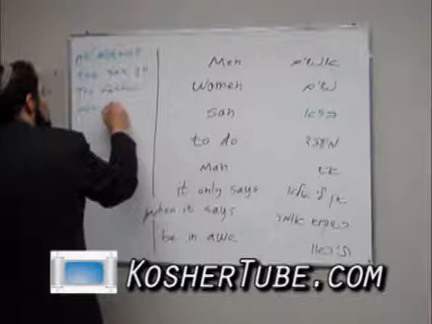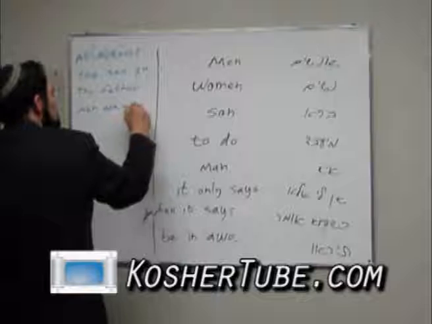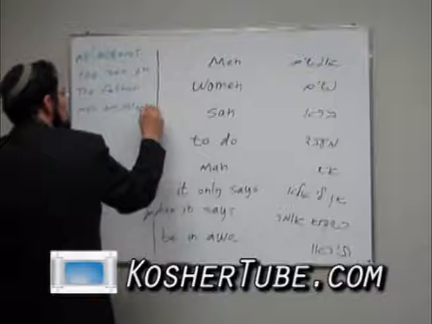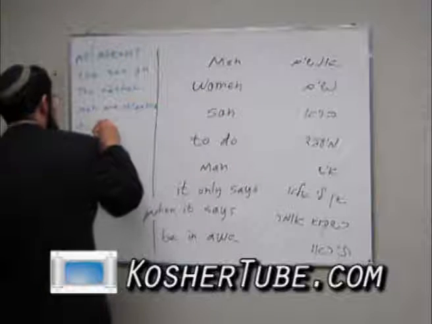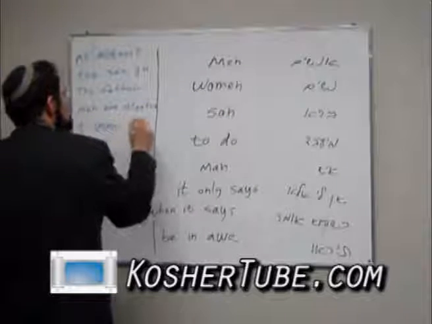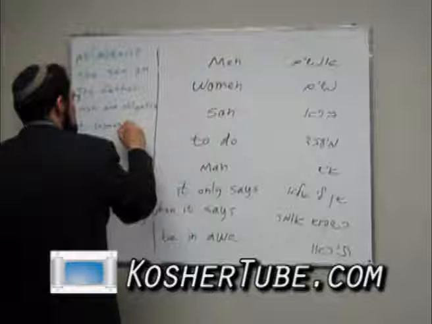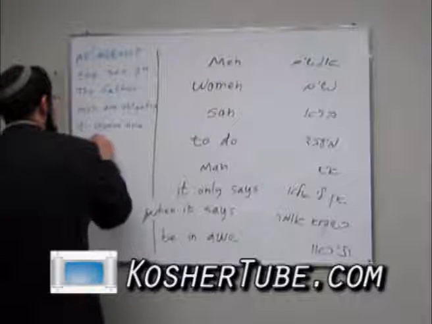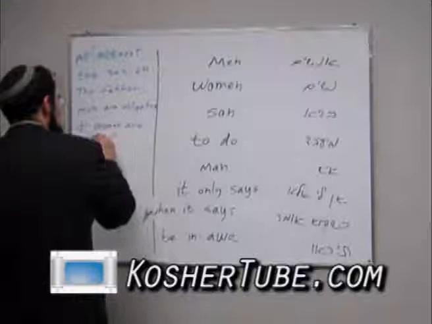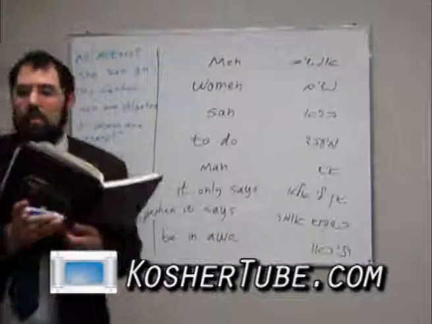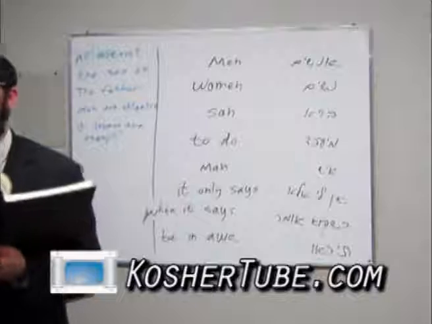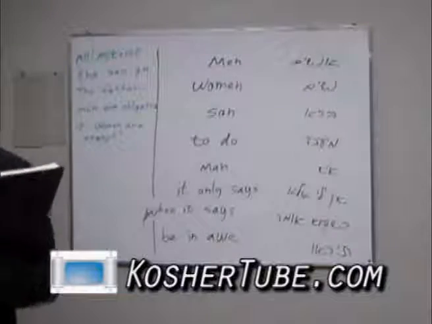Obligated. Men are obligated. And nashim? Women. P'turot. Are exempt. This is the first sentence of the Mishnah. Now you're ready to start learning.